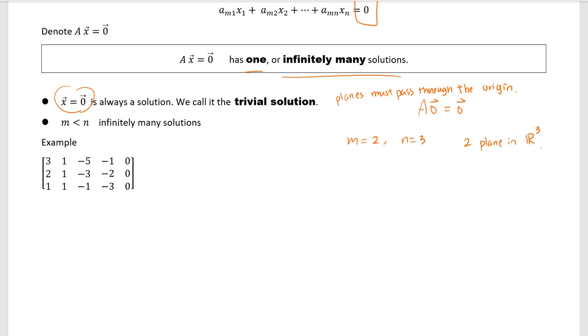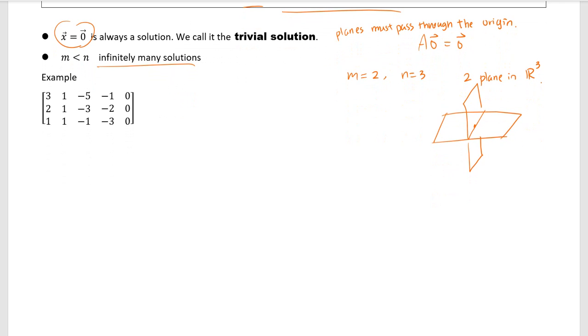So two planes in R3 and they pass through the origin. Wow, the picture must be like this. So we must have infinitely many solutions. So if m less than n, then there's only one case, infinitely many solutions. So this is an example. All right, so how do we solve this?